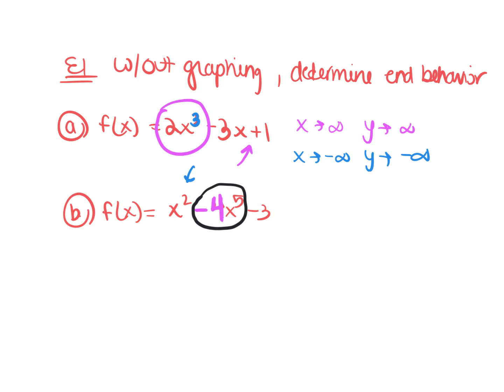So since the leading coefficient is negative, to the right, it's going to be going down. And then, because it's degree 5, which is an odd number, as you go to the left, your end behavior is going to go the opposite direction. So this side's going to go up to positive infinity. Okay?